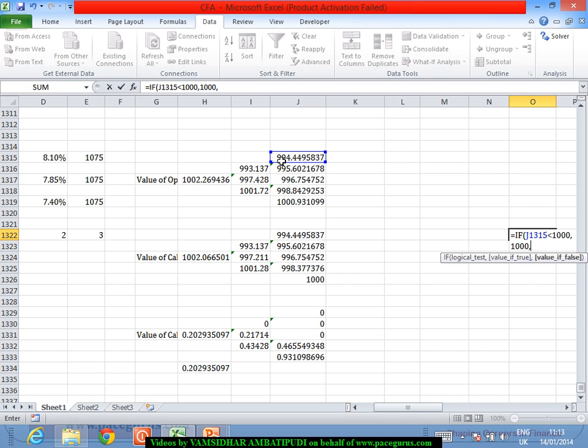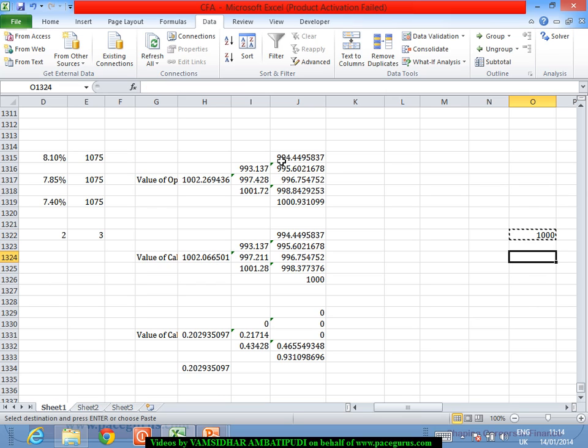The strike price is 1000 for us here. The market price is nothing but the present value discounted at the particular interest rate. So if that value is less than 1000, make it 1000, otherwise retain the value itself. That is what goes into the put option scenario.